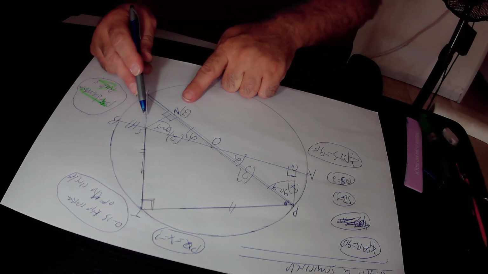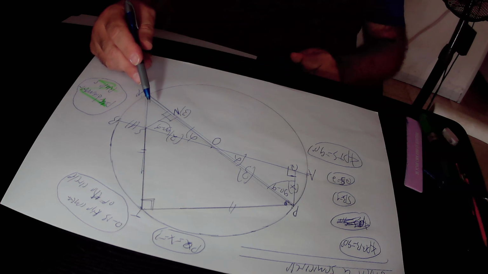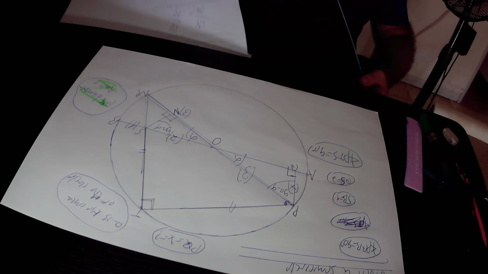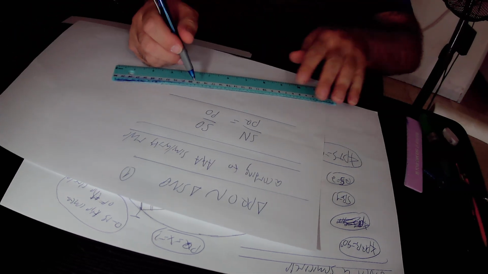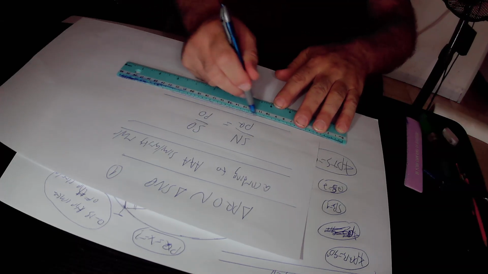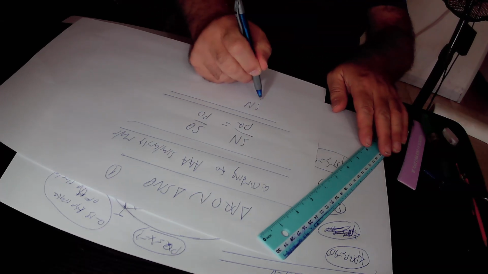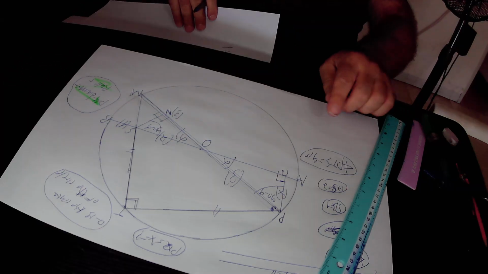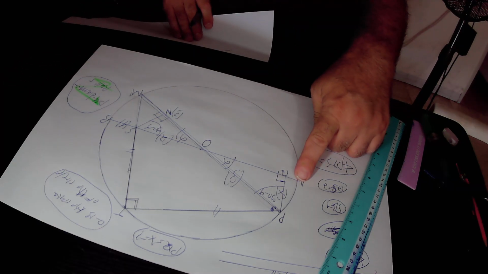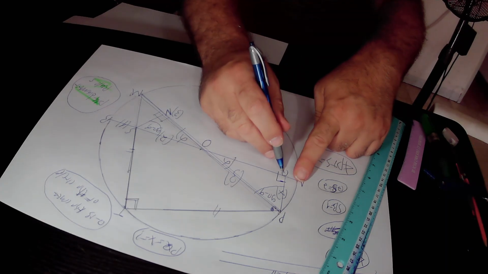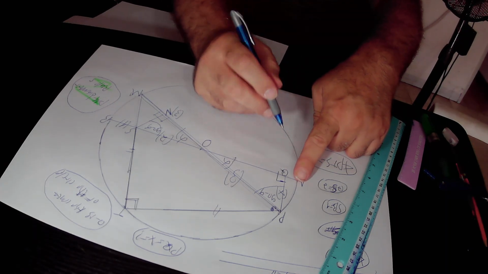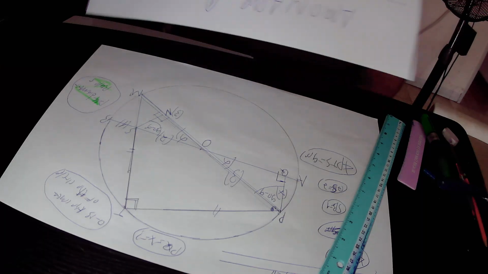SN is the missing side, so we leave it as it is. Over PQ. PQ is the line segment that we are looking for in this question, and it is equal to x. We have to find out the value of x.